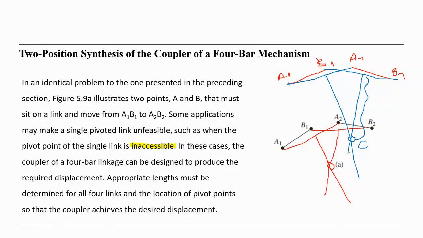If we don't have such a place in the machine, we have to think about another solution. Is there any other solution possible? Because we do not have so much space in the machine. This is the inaccessibility.